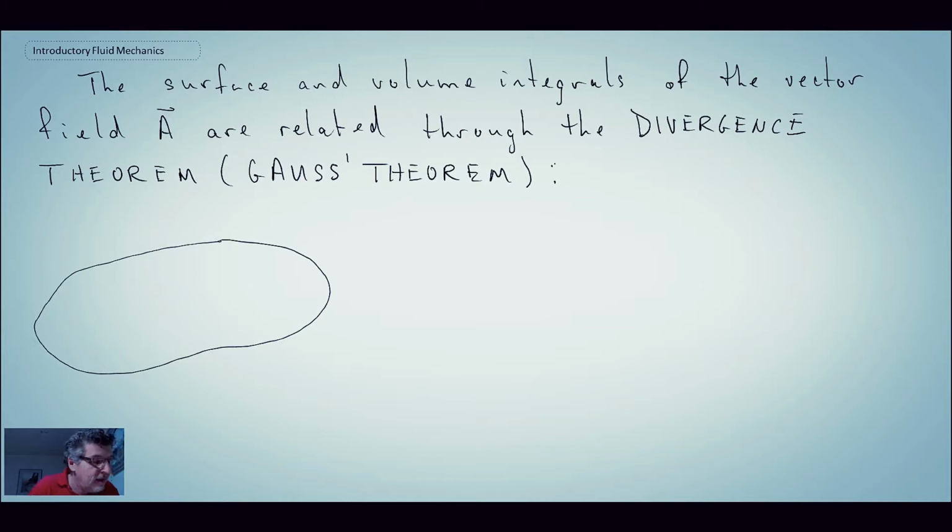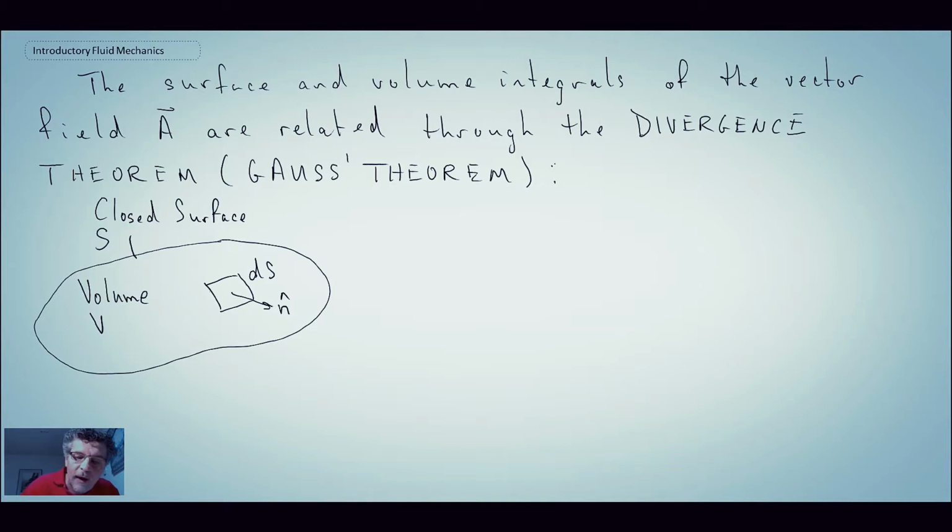In this case, we have a closed surface encapsulating some volume V. And so that's closed surface capital S. And then we're going to have some unit vector n, multiplied by the scalar value of our differential element dS.